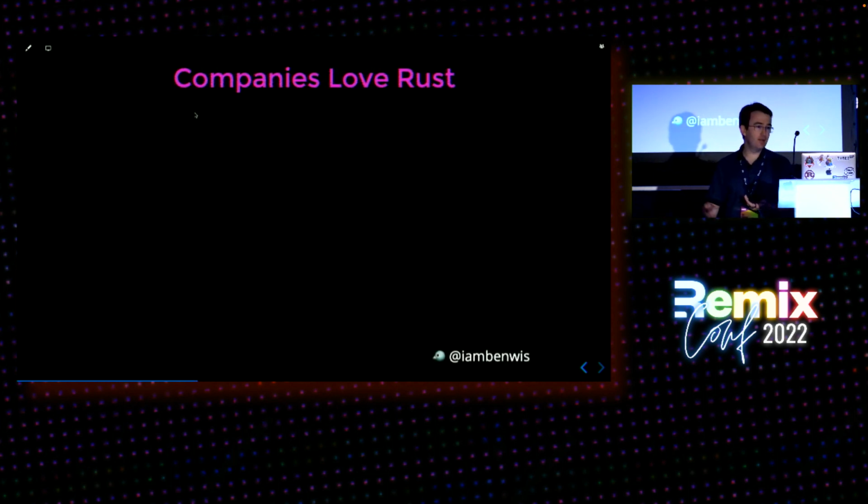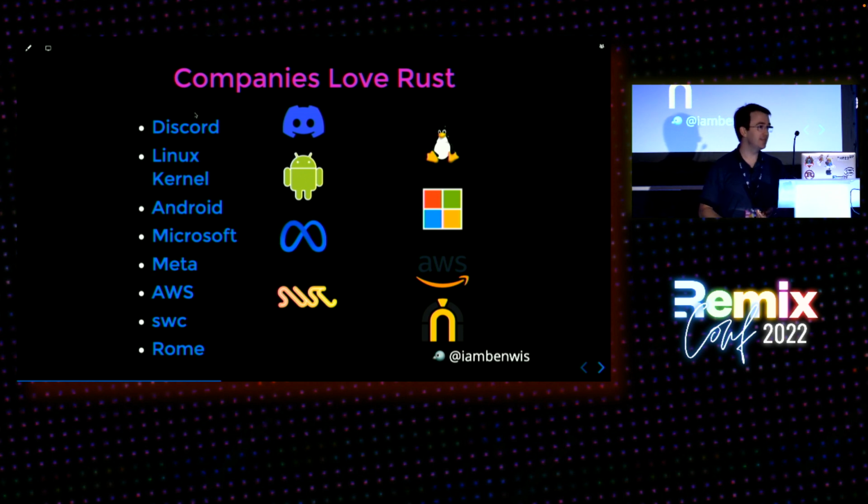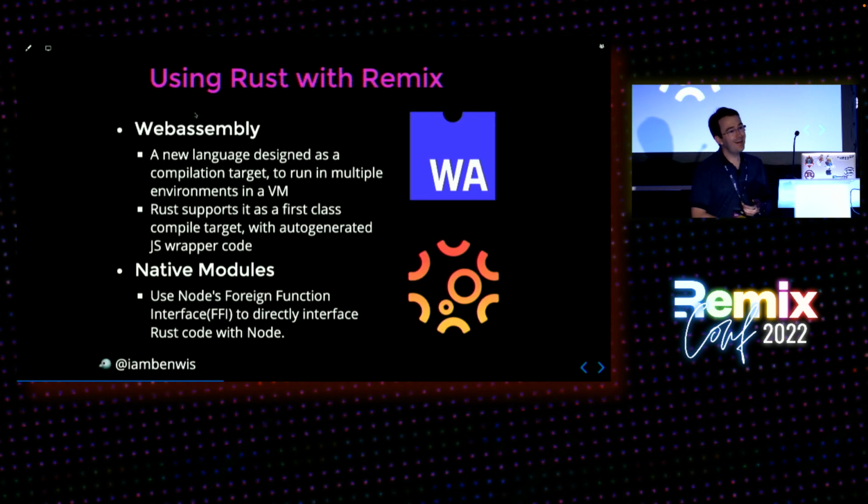Companies also tend to love it if you pay attention to that stuff. Pretty much everybody is talking about either rewriting or writing it in Rust, which is really neat, considering, gives me some job security. But I'm here to talk about Rust with Remix. So if you want to use Rust in your Remix app, it's actually really easy.